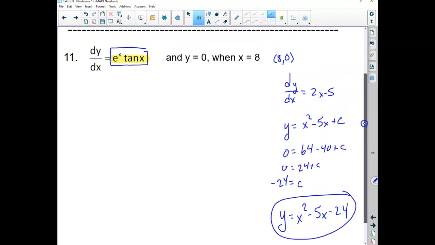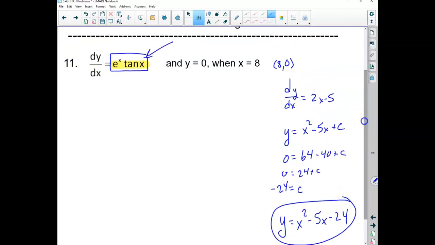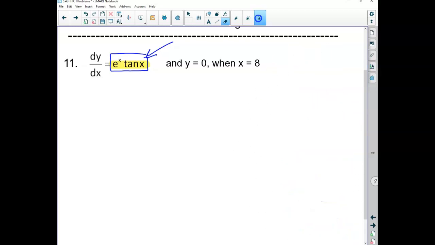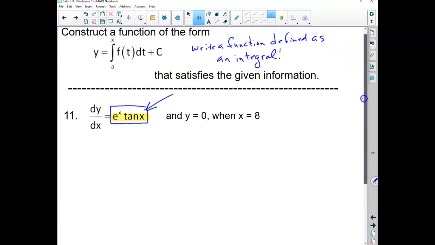But notice, they're going to give me a function I cannot anti-differentiate, which means all this business over here, thanks, but it's gibberish. It doesn't help me. So what do I need to do? I need to be able to construct a function defined as an integral.